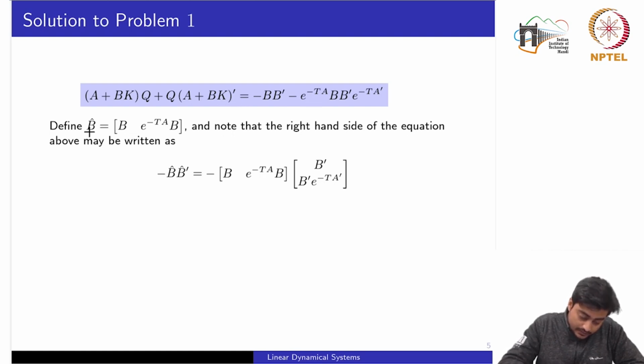Now we define another matrix, let's say B hat, defined as containing two block matrices, B and exponential matrix times B. Okay.